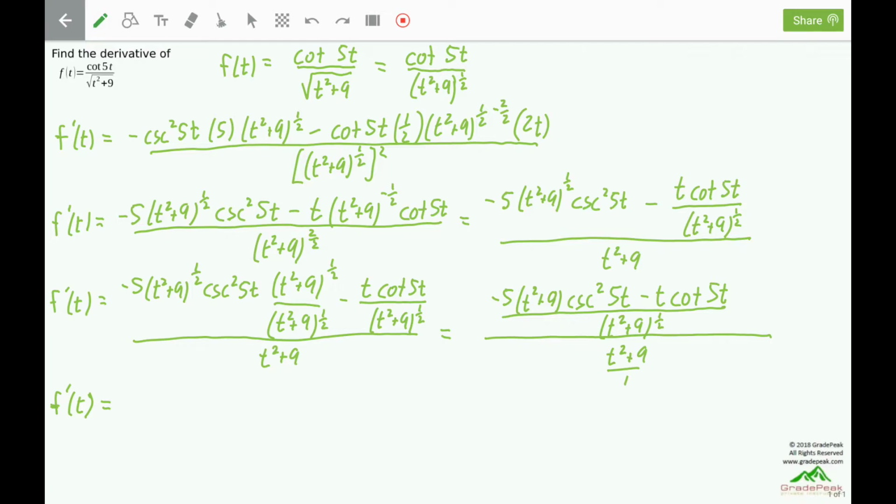Alright, so we have the negative 5 times t squared plus 9 times cosecant squared of 5t. We have minus t cotangent of 5t. I'm not doing anything with that numerator. We have it over that common denominator of t squared plus 9 to the 1/2.